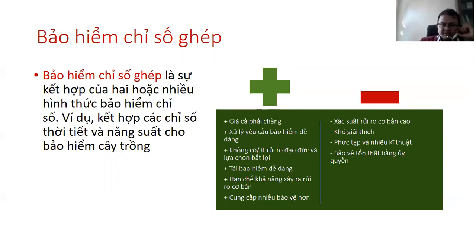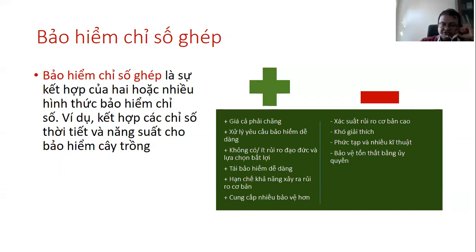Now, obviously, there are quite a few advantages with this kind of approach. To the extent that the advantages of the index insurance products are still there, it can make claims processing easier, it can potentially be affordable, although there's a limitation there as well, and moral hazard and adverse selection are less of a problem.